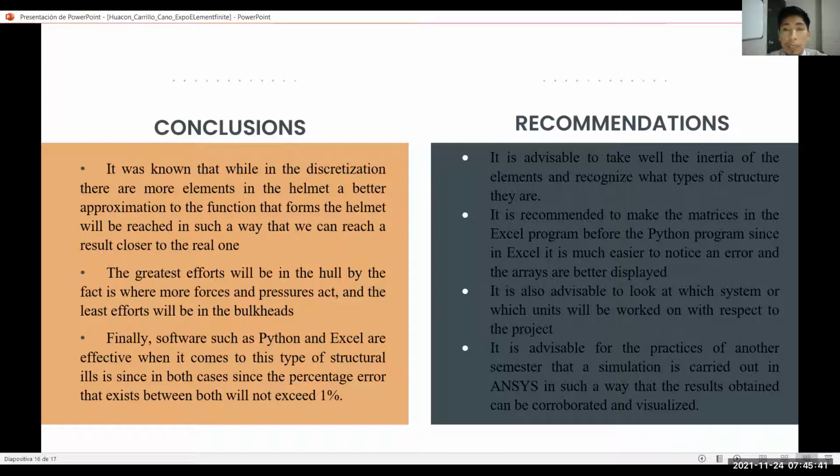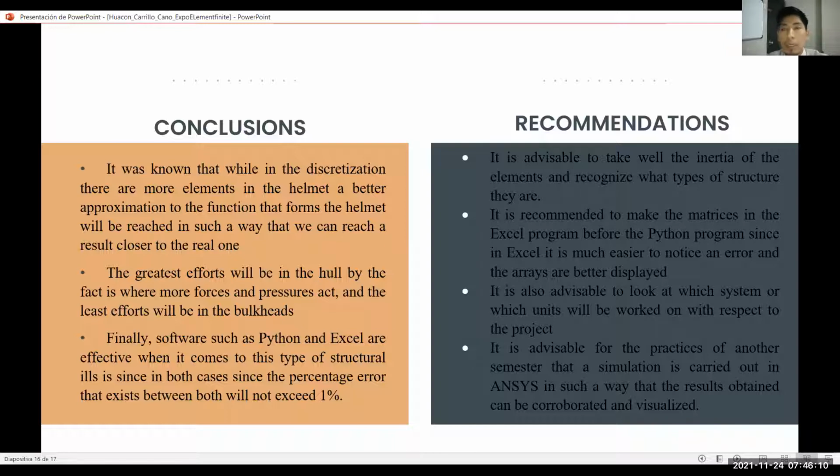In the analysis of structure conclusion, we can compare the two programs. The percentile error is 0.18 to 0.02, which is acceptable. The more you implement discrete elements or joints, the more the error is reduced.